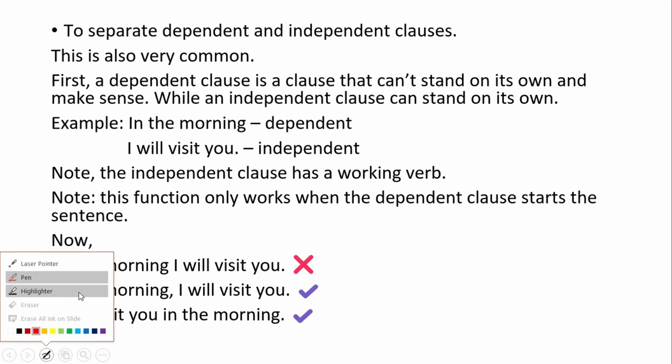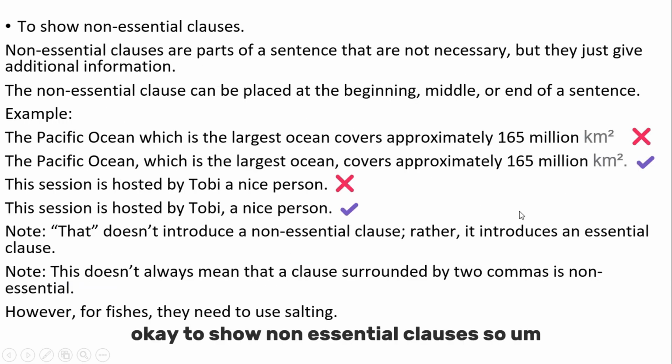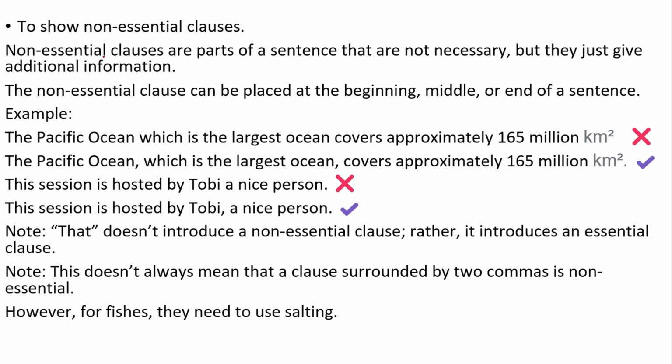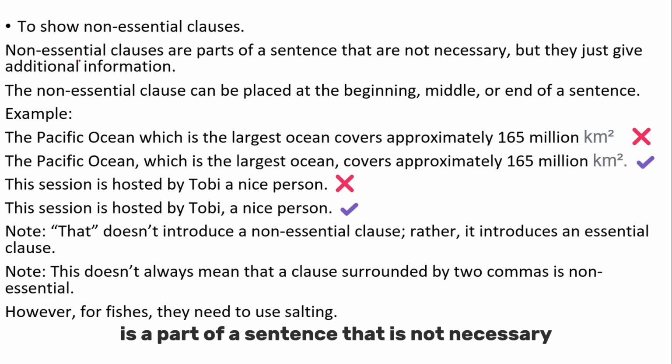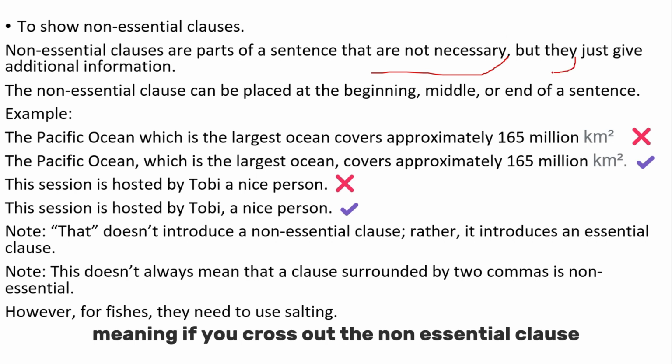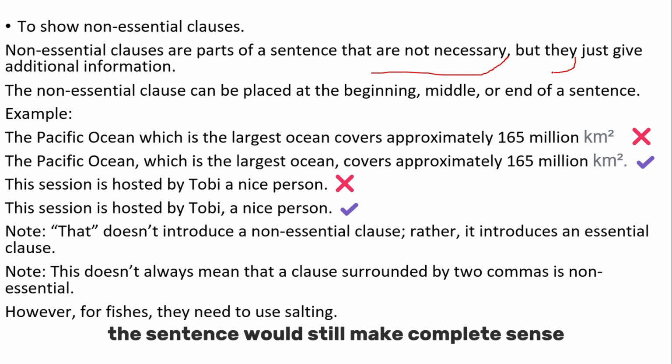Then, to show non-essential clauses. I'm going to explain what a non-essential clause is first. A non-essential clause is a part of a sentence that is not necessary. It just gives additional information to the sentence, meaning if you cross out the non-essential clause, the sentence would still make complete sense.